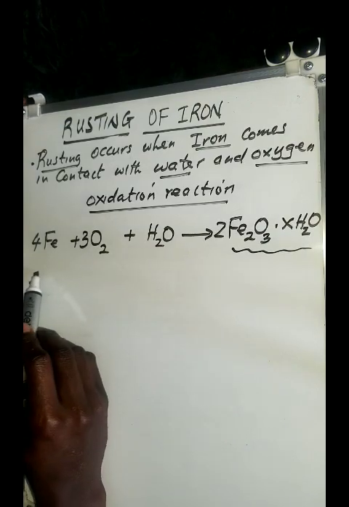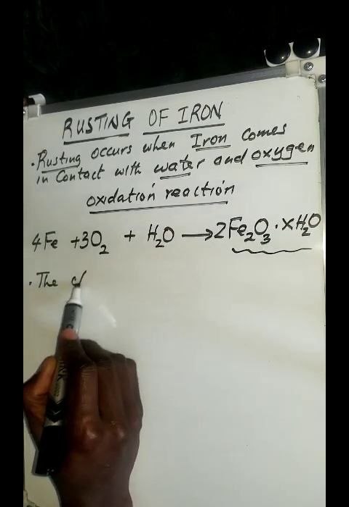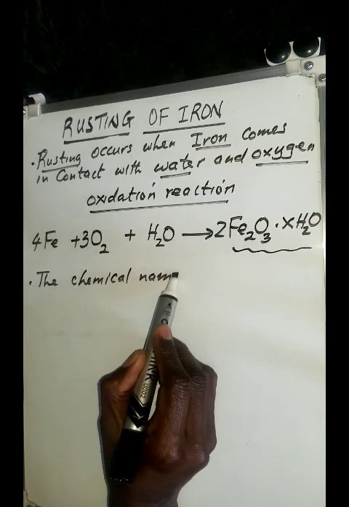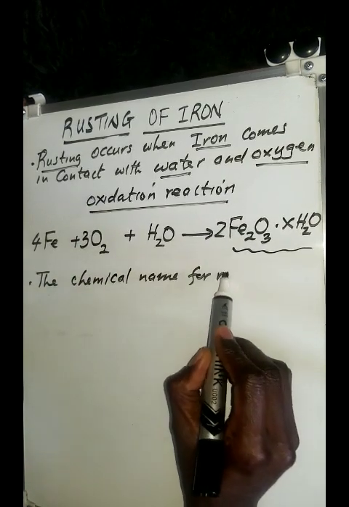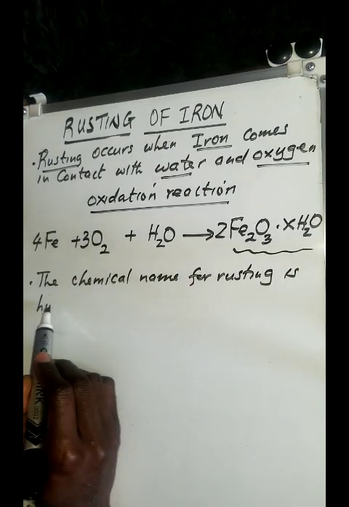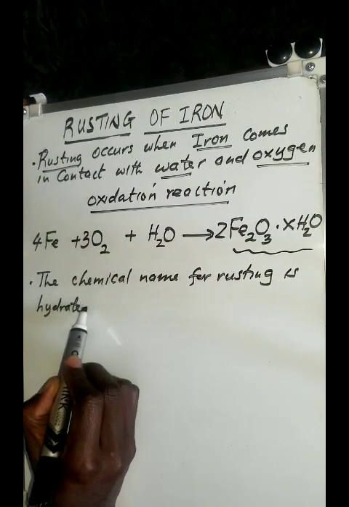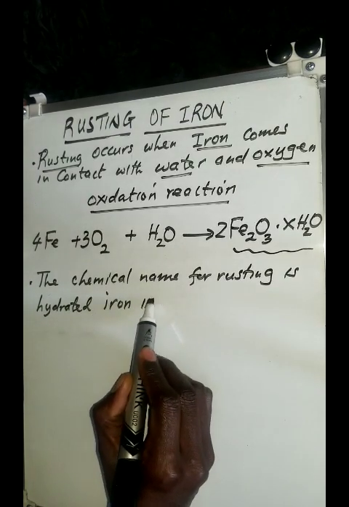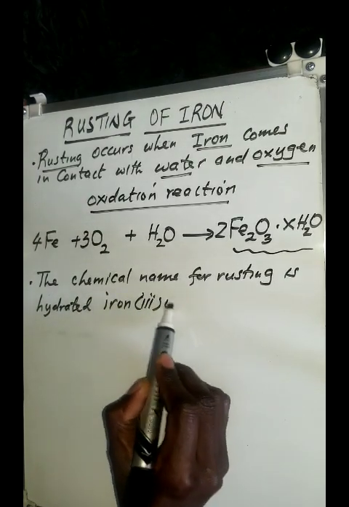So we can say that the chemical name for rusting is hydrated iron 3 oxide.